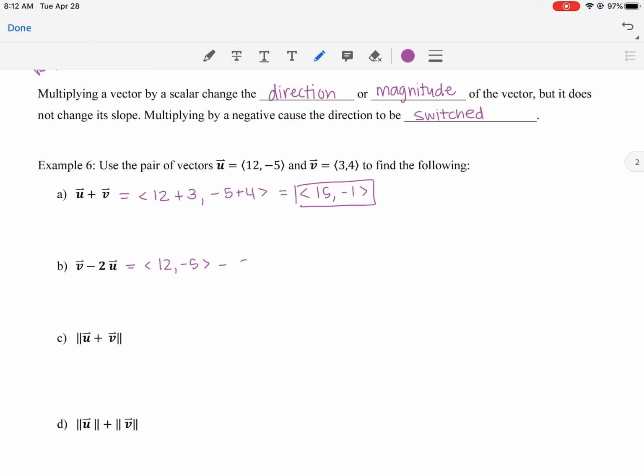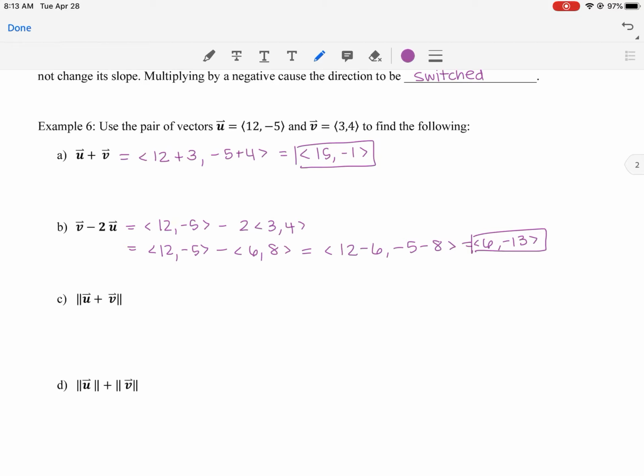Do I multiply or subtract first? We are going to multiply 2 times vector v. So then we would get vector u minus 6, 8, right? We multiply both those 3 and 4 by 2. So what do we get there? We're going to do 12 minus 6, our x's, and then our negative 5 minus 8, and we end up with 6, negative 13.